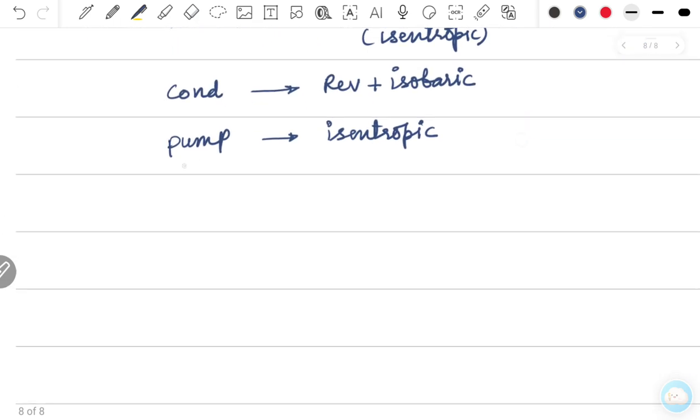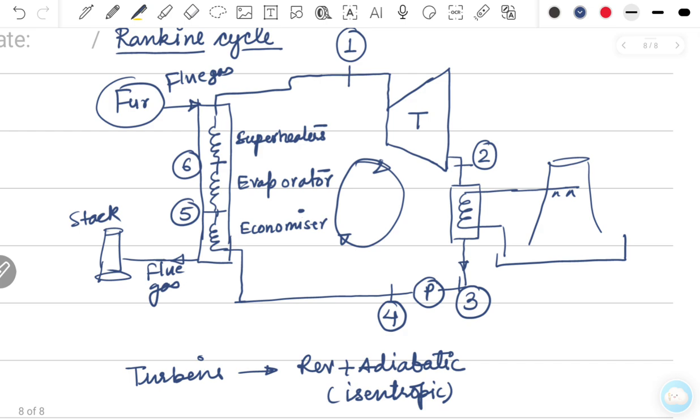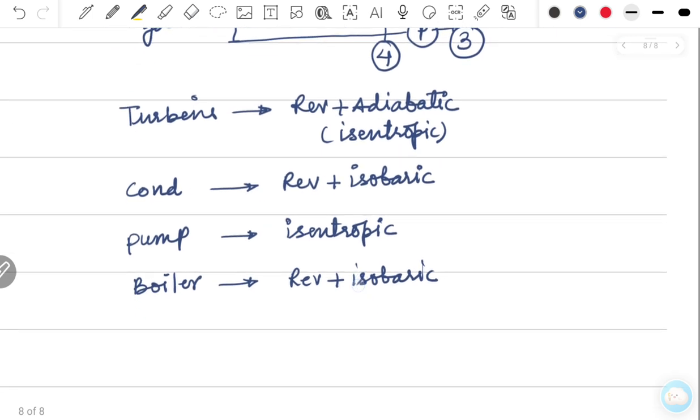Then comes the boiler. So the heating process can be thought of as reversible plus isobaric. So every process whatsoever happening inside, we are thinking that it is happening ideally. So all of that will constitute your Rankine cycle.